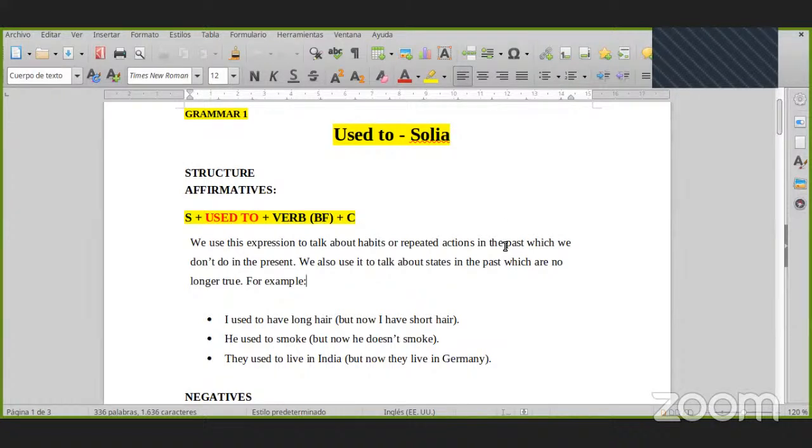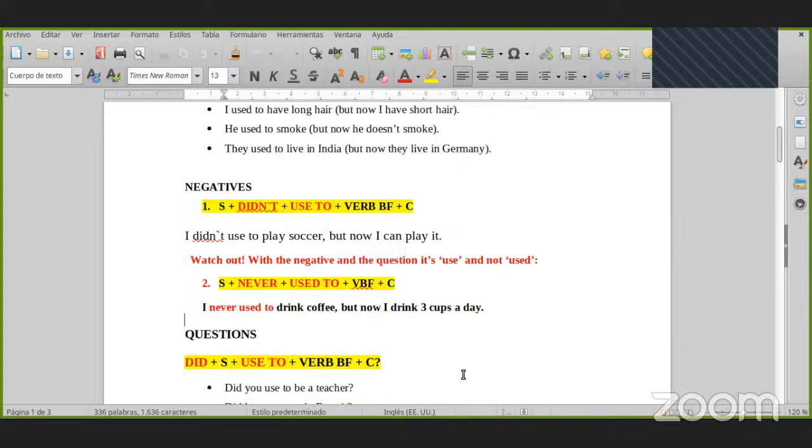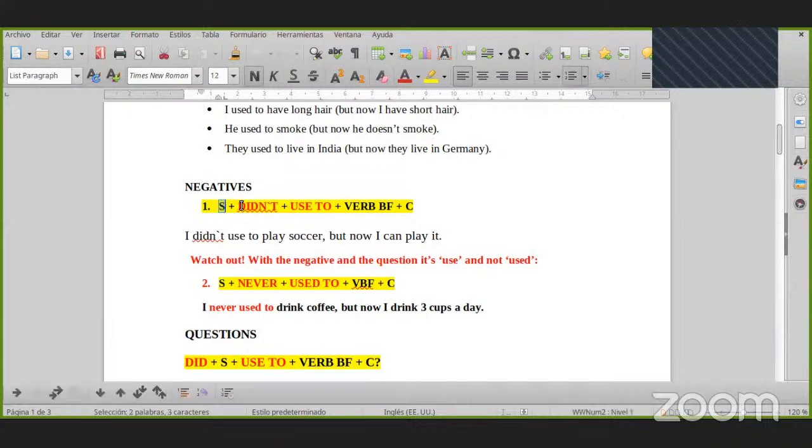Now, let's see negatives, because we have two ways of talking about habits. In the first way, we have the subject and we have to use didn't, because we are talking about past habits. When we talk about the past, we use did.